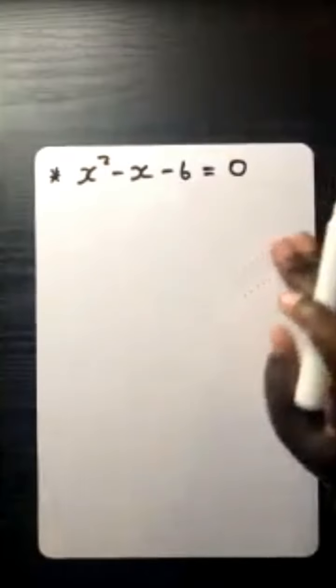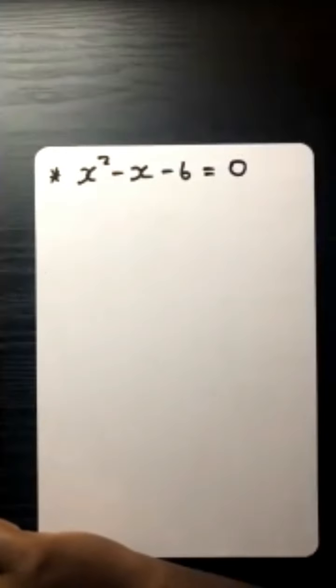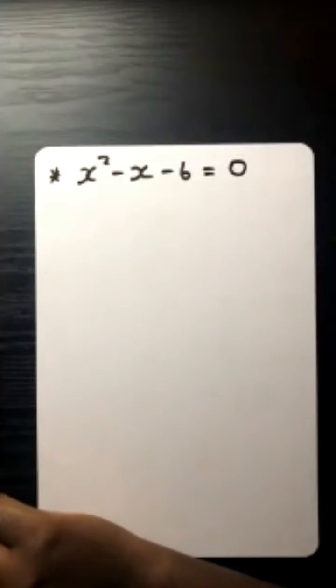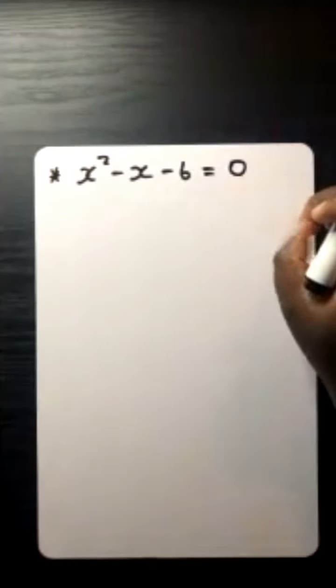In grade 11 and 12, you'll be dealing more with this type of factorization, and I want to invest much of my time into it, because when we get to functions or the graphs, that's where you will need a better understanding of this type of equations.